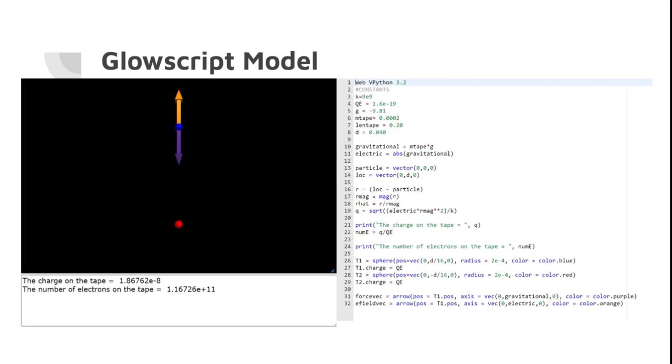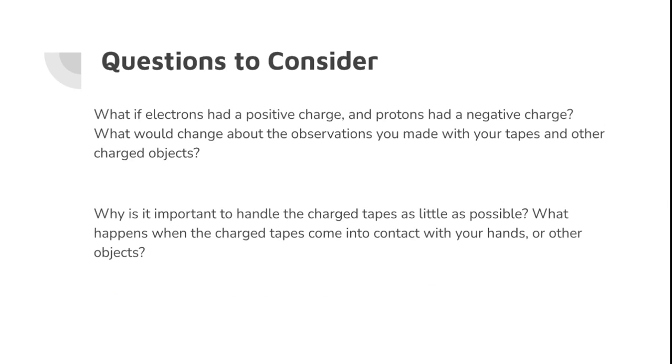And as you can see, because the particle is negatively charged, the force vector and the electric field vector are in opposite directions. And my calculated number of excess electrons and charge of the tape line up with my calculations in real life.